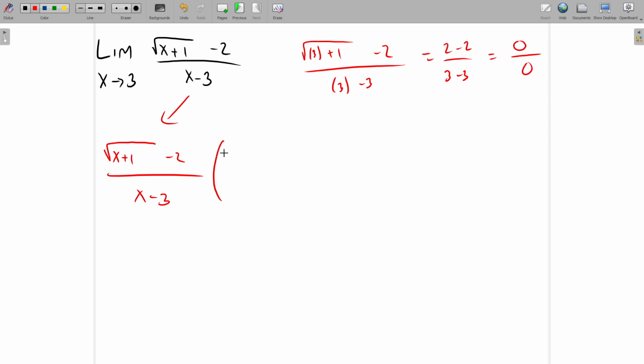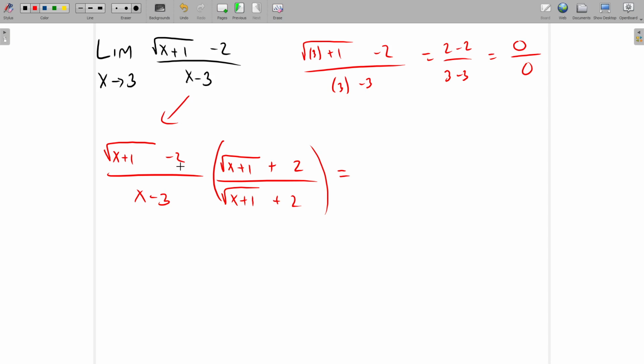If you forgot what a conjugate is, we take the first piece, the square root of x plus 1, and the second piece, this 2, but instead of having a minus there, we're going to have a plus. Now I can't just multiply the top of the fraction by this. We also need to multiply the bottom of the fraction by this.